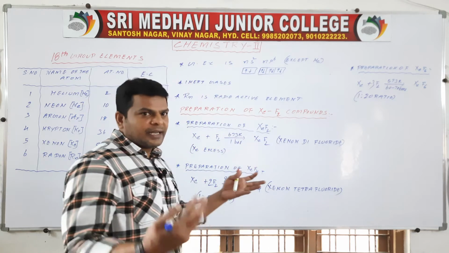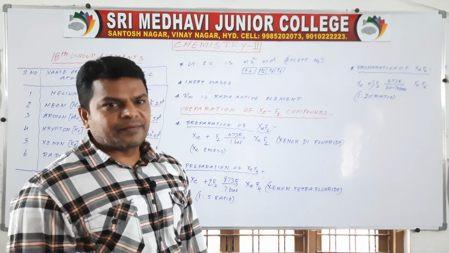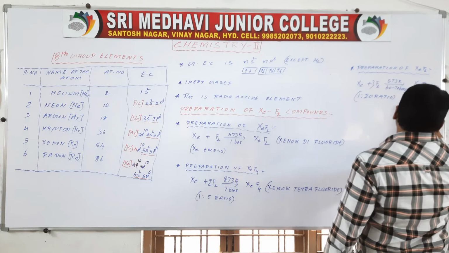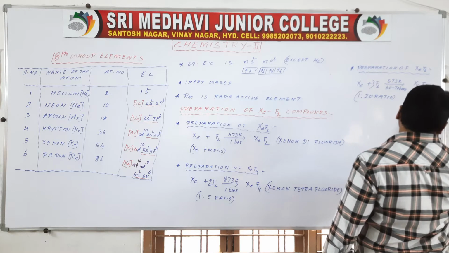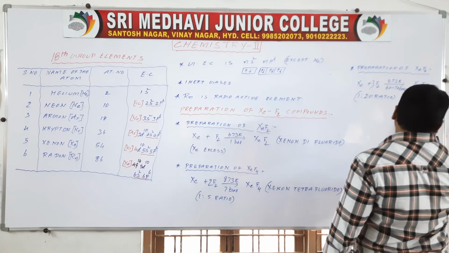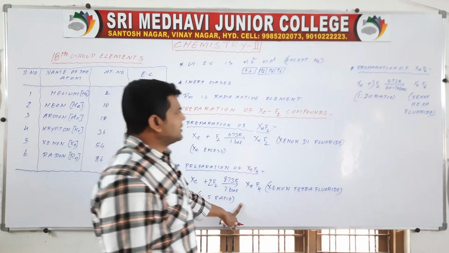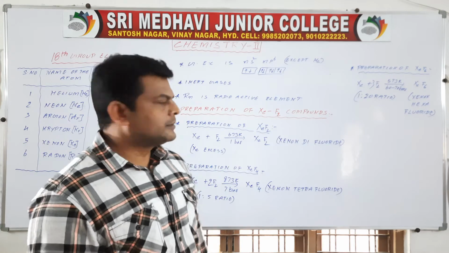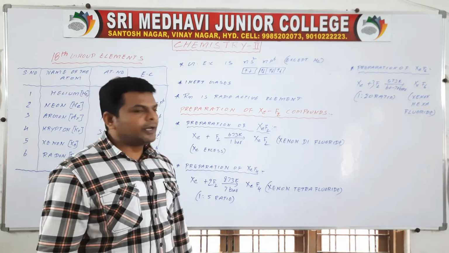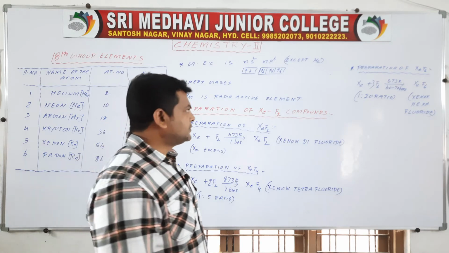So in the same way, by direct combination of xenon and fluorine, we can form XeF2, XeF4 and XeF6. These are xenon and fluorine compounds.